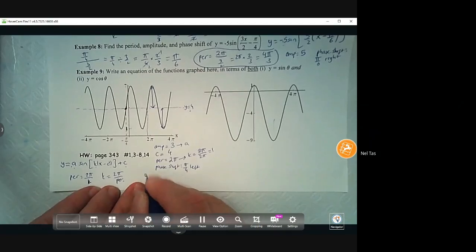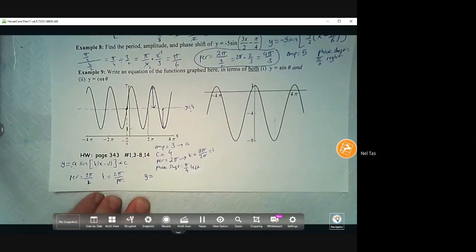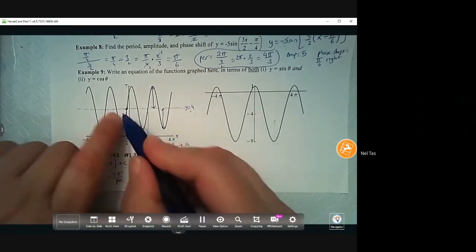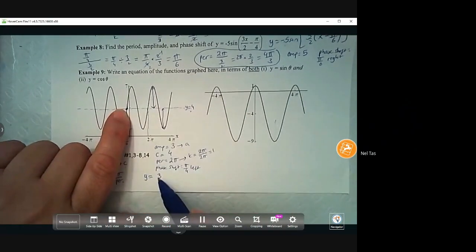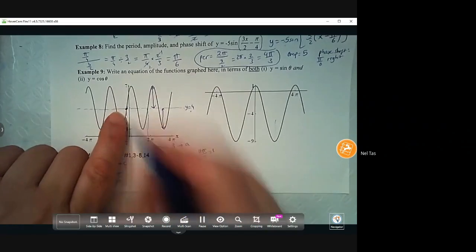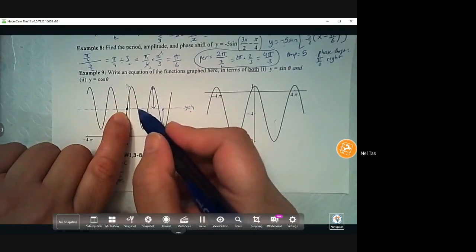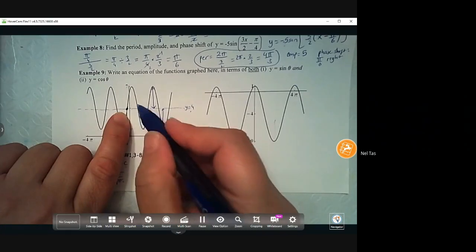So this is one possible answer for this question. Amplitude is 3. Since we are going from 0 to maximum, we are going to take positive 3, if we take this as a start point. If you took another point as a start point, the phase shift is going to be different, and also because after 0 you go to minimum, you would need to take negative 3.